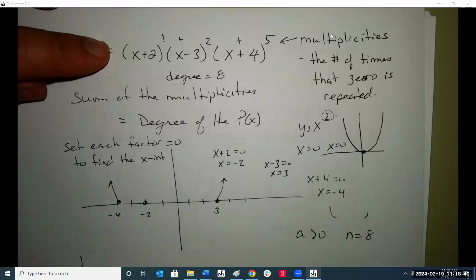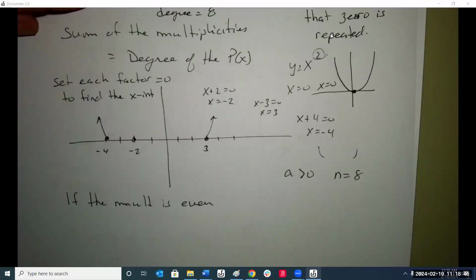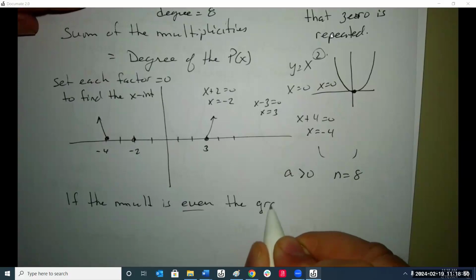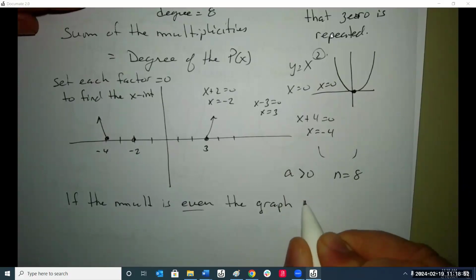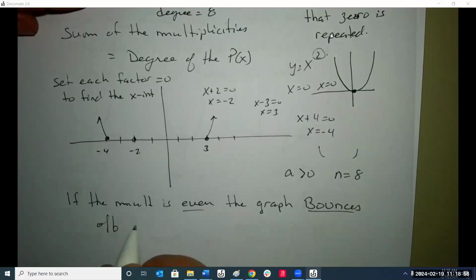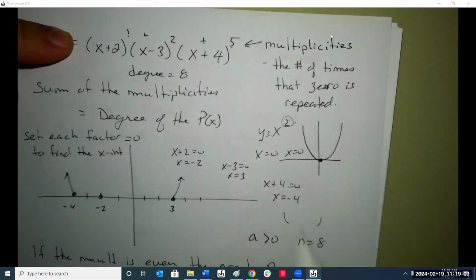If the multiplicity is even, the graph bounces off that x-intercept. As in this point, x squared, it just bounces at 0.